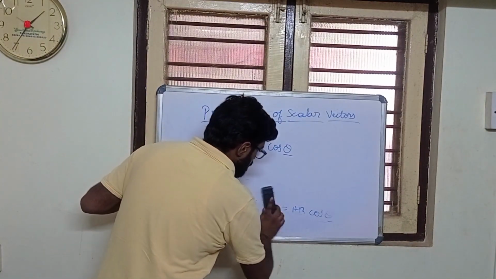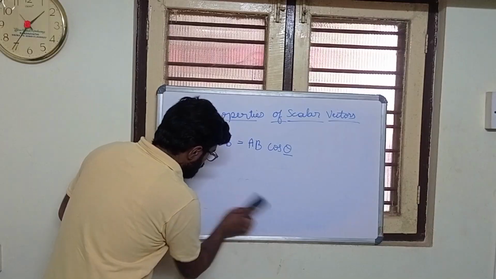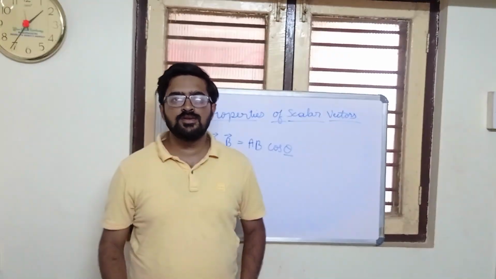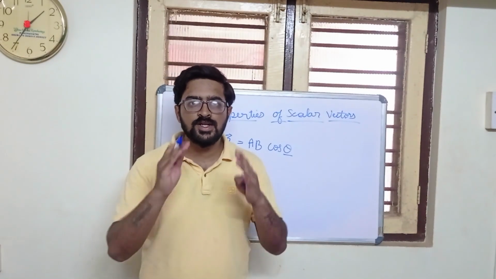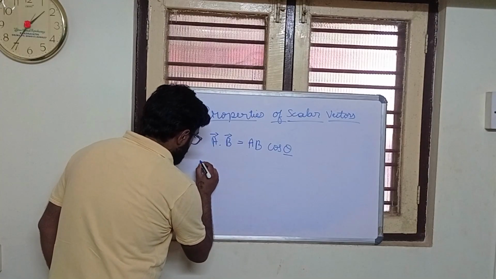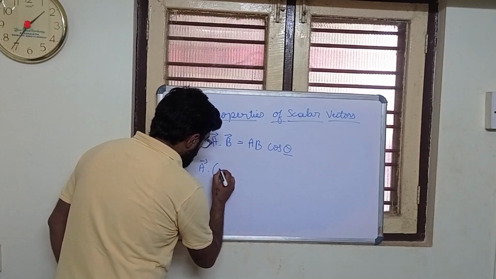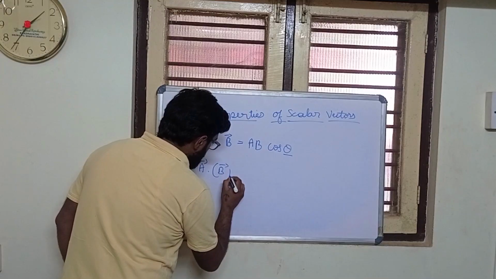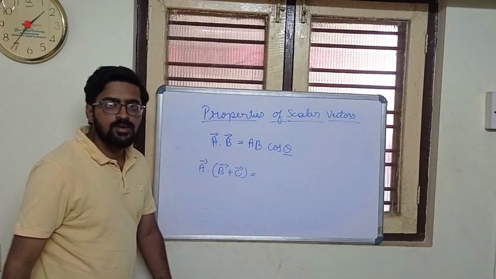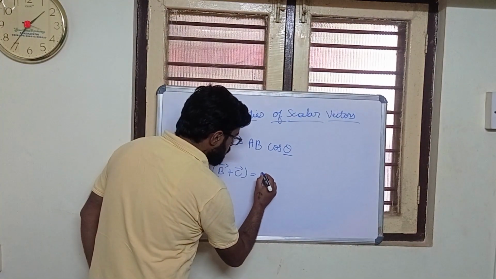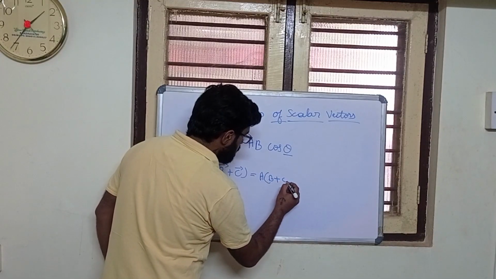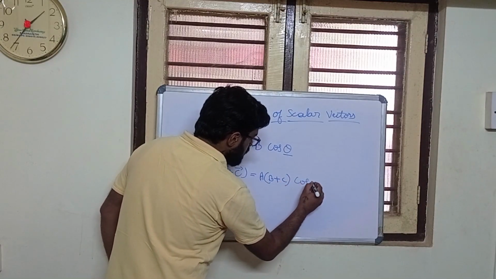Now what if there are three vectors and their multiplication? How does it happen? Let's see here. Vector A dot vector B plus vector C will be equal to the magnitude of A, magnitude of B plus magnitude of C into cos of theta.